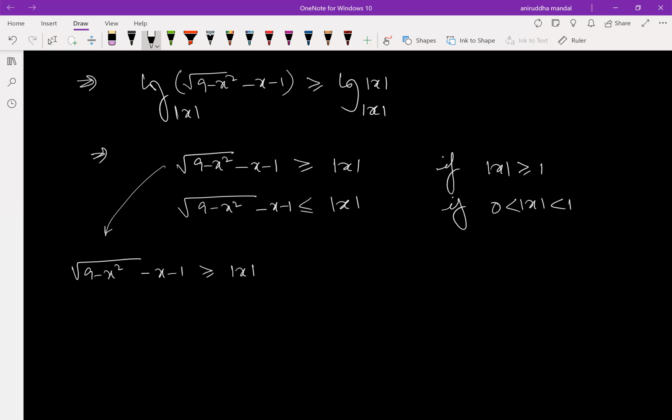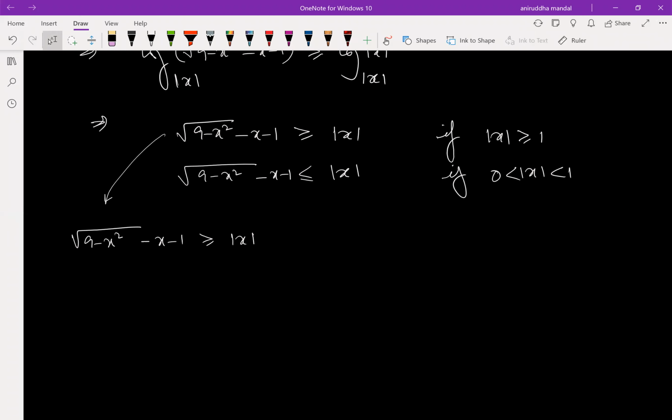Now if we open this mod x, we get mod x as x and mod x as minus x, if mod x is greater than 0, and second is when mod x is less than 0.